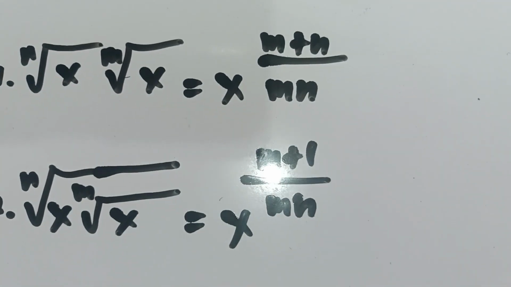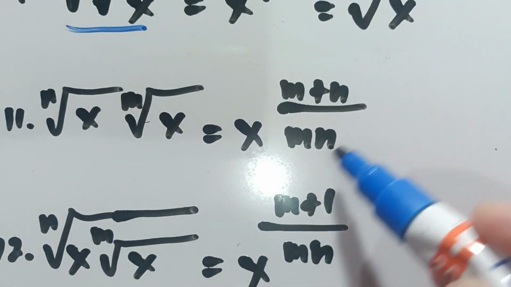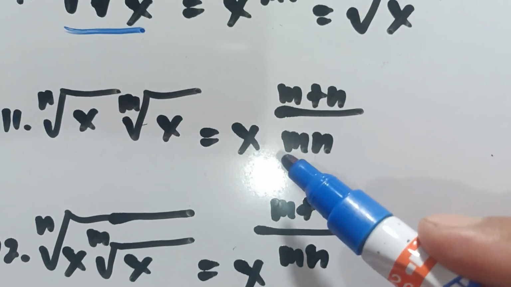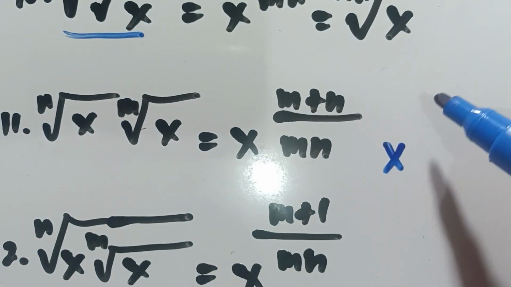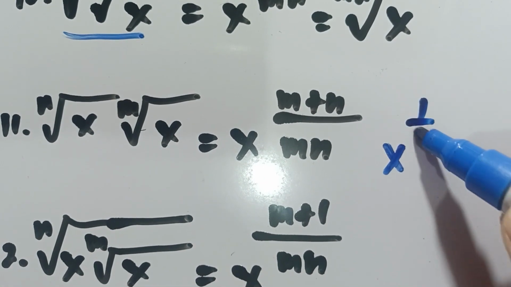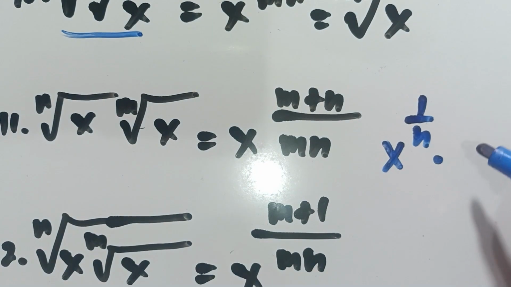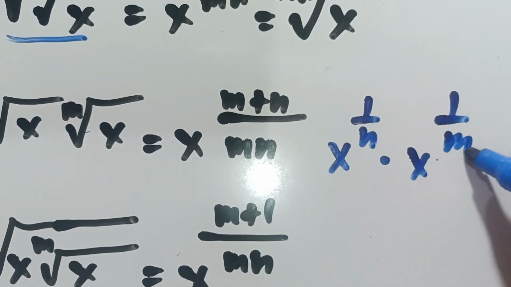So let's check number 11. How does this come out? We will check how this formula comes out, this law of exponents number 11. We simplify this one to x to the power 1 over n times x to the power 1 over m.